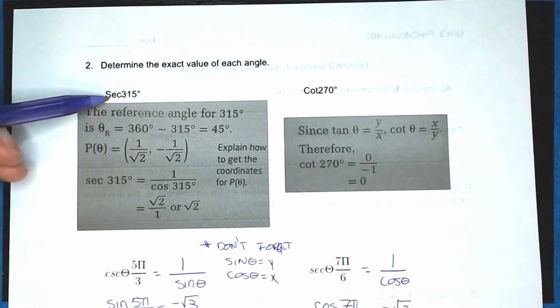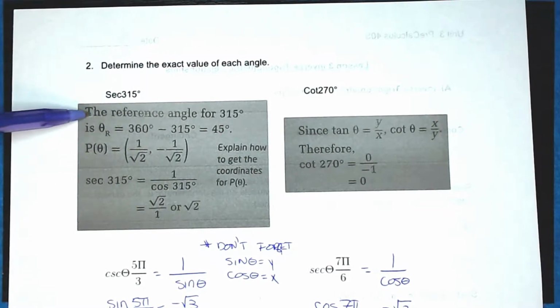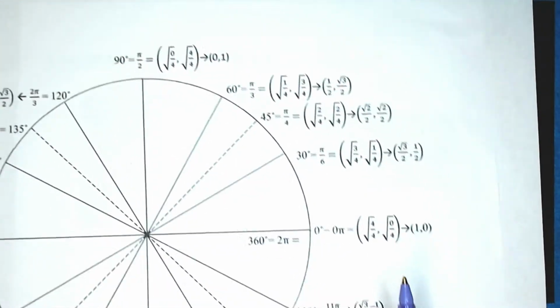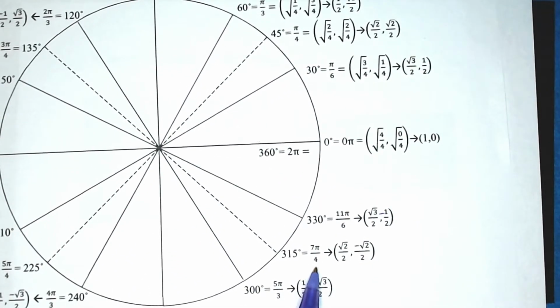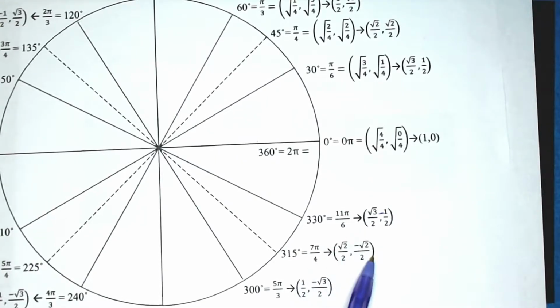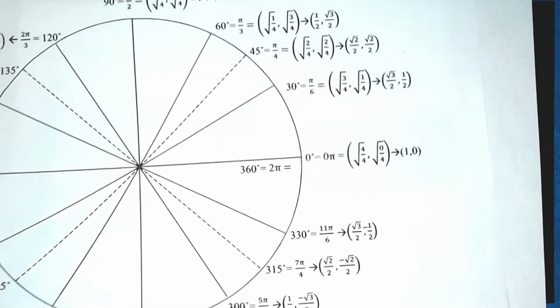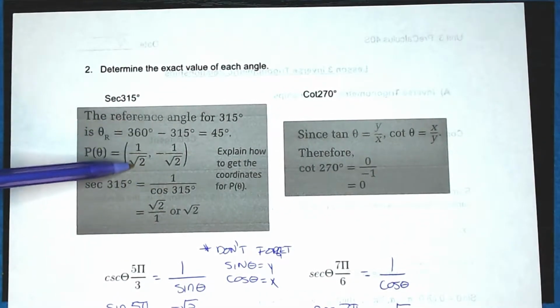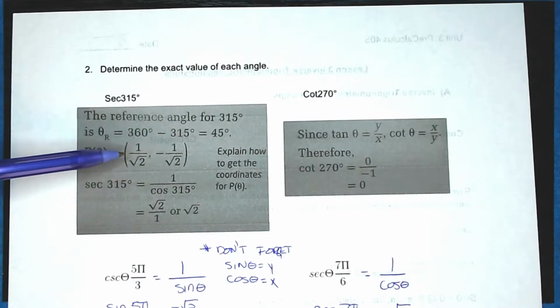So for example, in this one, secant 315, the reference angle for 315 is 45 degrees. So if you look on your unit circle here, it's at 7 pi over 4, or 45 degrees. Okay. Now you have this set of coordinates, 1 over root 2, -1 over root 2, positive x, negative y.